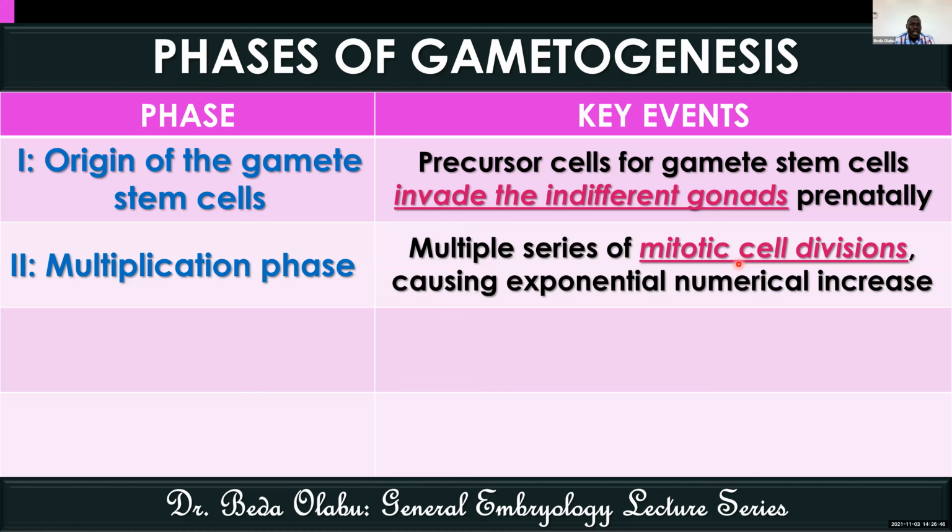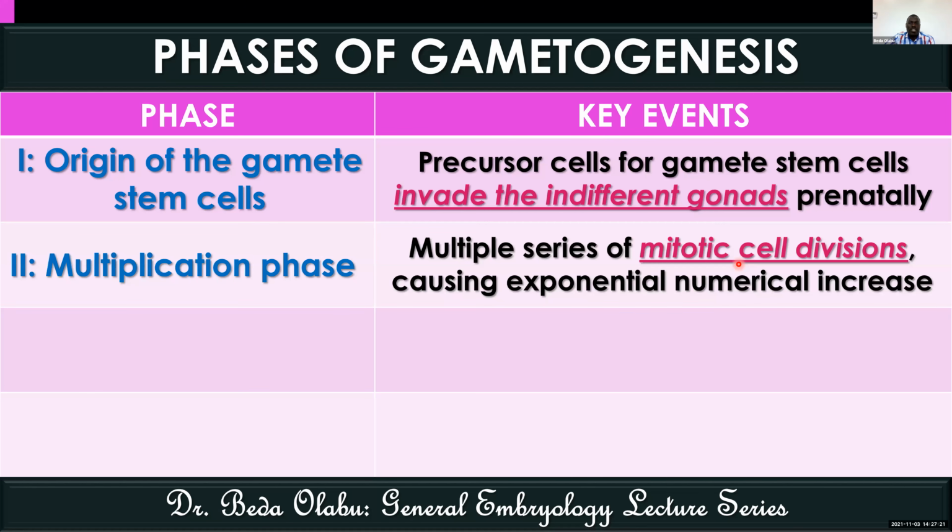If you want the gametes to increase in number, they are 100, you want them to be millions. If you subject those gametes to meiosis, you know what will happen? The maximum number of cells you get is just 400. Why do we say so? Because usually once a cell has undergone meiosis, it enters what we call the G0 phase of the cell cycle.